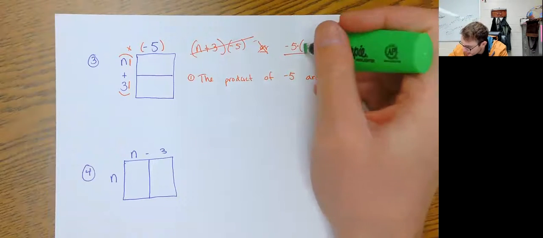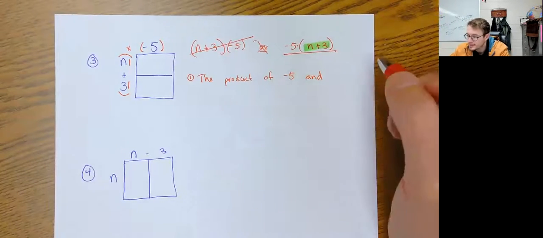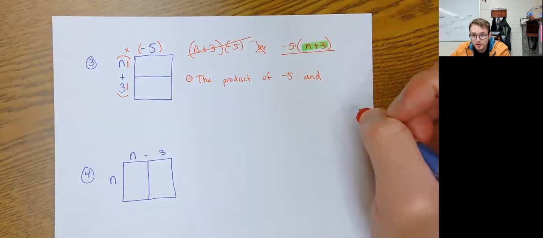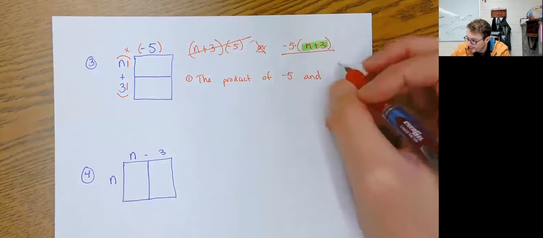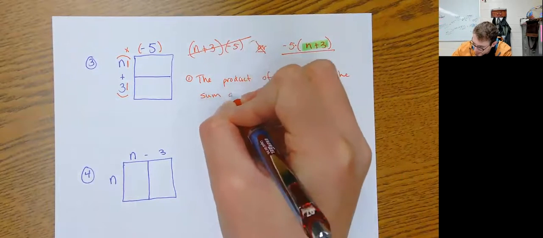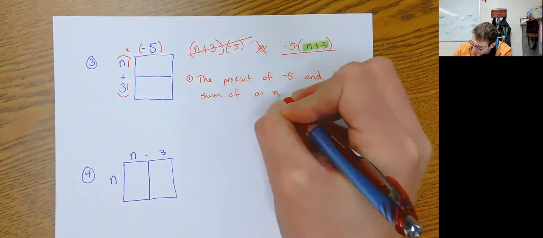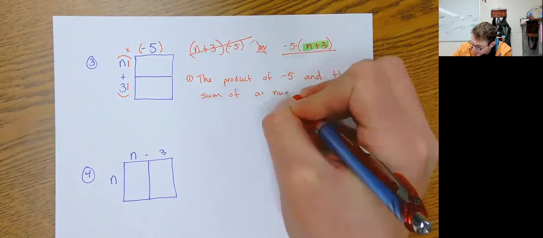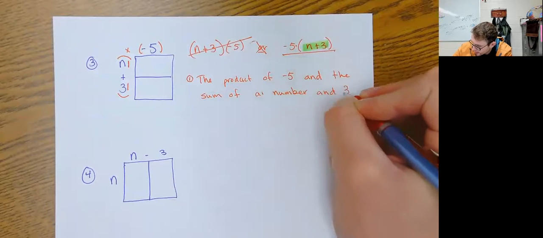So what's happening there is a sum, addition. So the product of -5 and the sum of a number, because I don't know what n is, and 3.